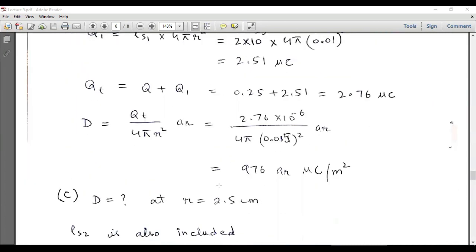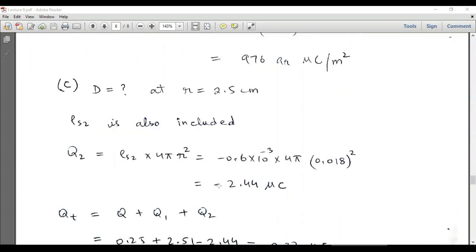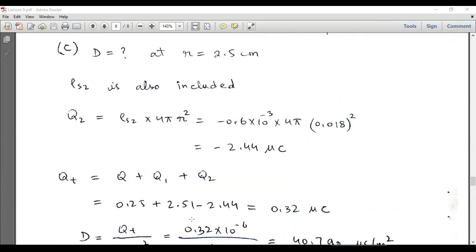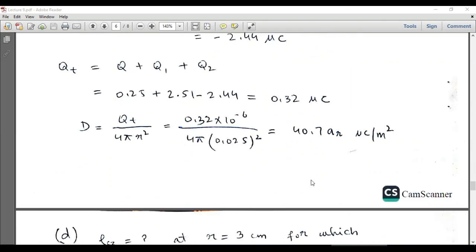So let's convert the second surface charge to the total charge, right? So it is minus 2.44 microcoulomb. Add all three charges, and the net charge is 0.32 microcoulomb, and D will be equal to QT over 4 pi r square, and we have to calculate the density at 0.025 meter or 2.5 centimeter. So this is the density.